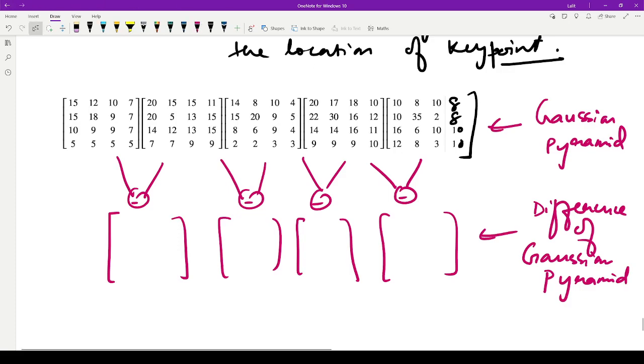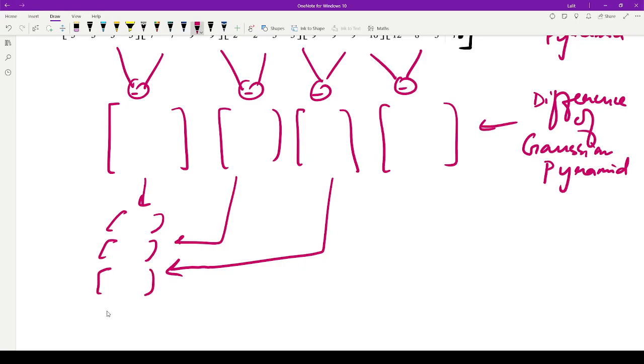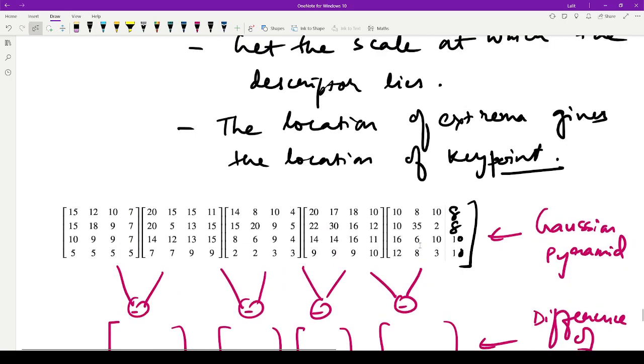So once you have the difference of Gaussian pyramid, then what next? Now think of it as a 3D volume where each of these lie here. This one lies here, this one lies here, things like that. Now you have to check the patches nearby this, above this and below this as well, and get the extrema.